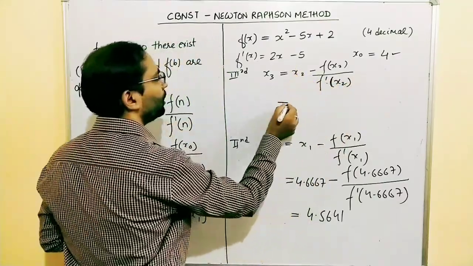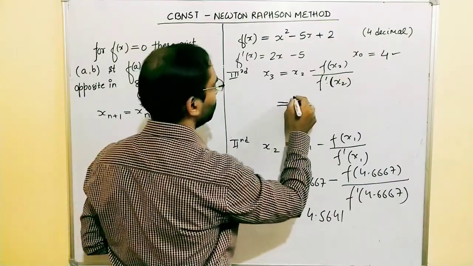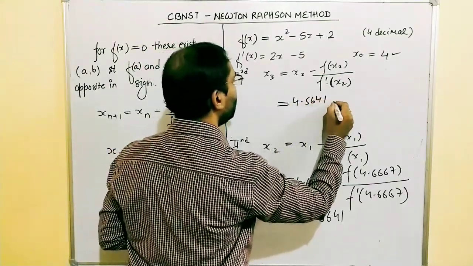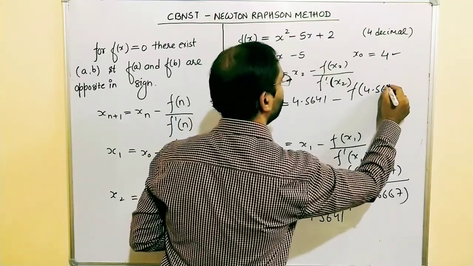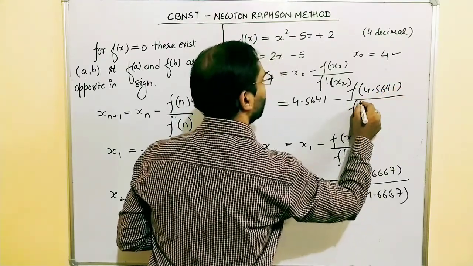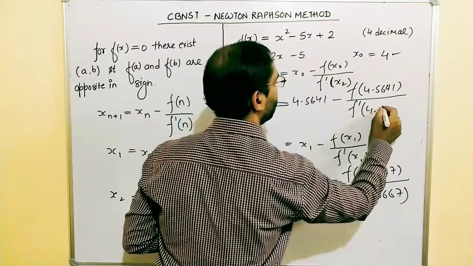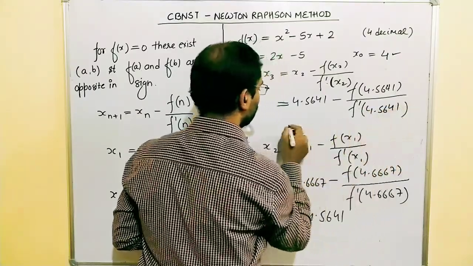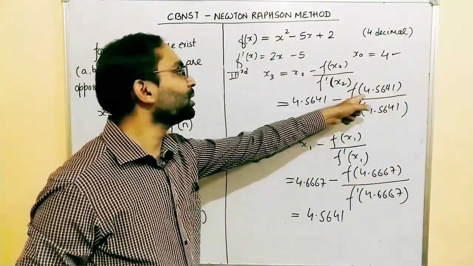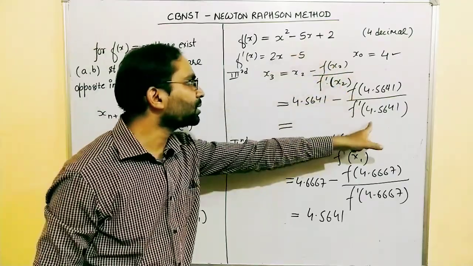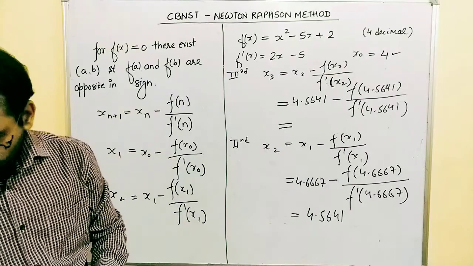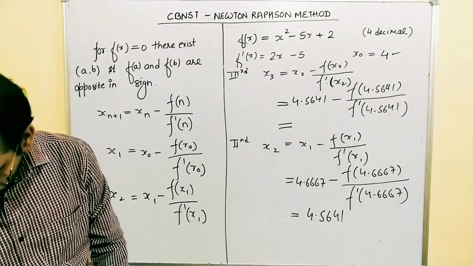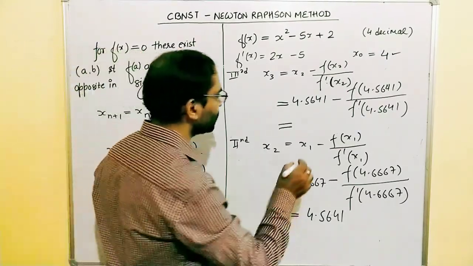What was x2? This was 4.5641 minus the function's value at 4.5641 and the derivative's value at 4.5641. So we'll substitute these values into the original equation and into the derivative. So let me see what x3 is. The third iteration, x3, is coming 4.5616.